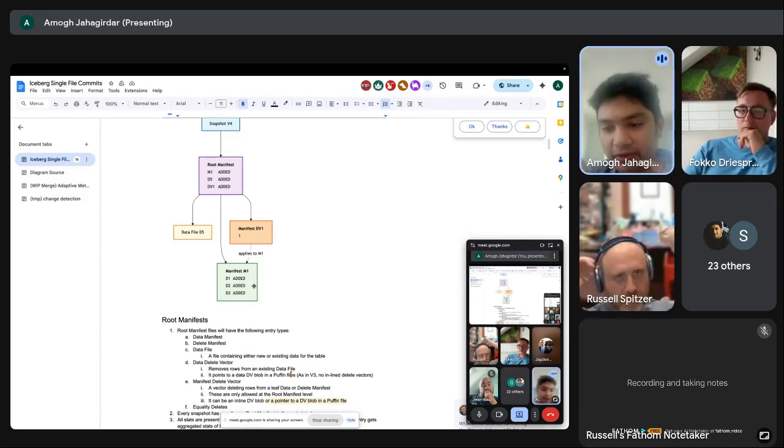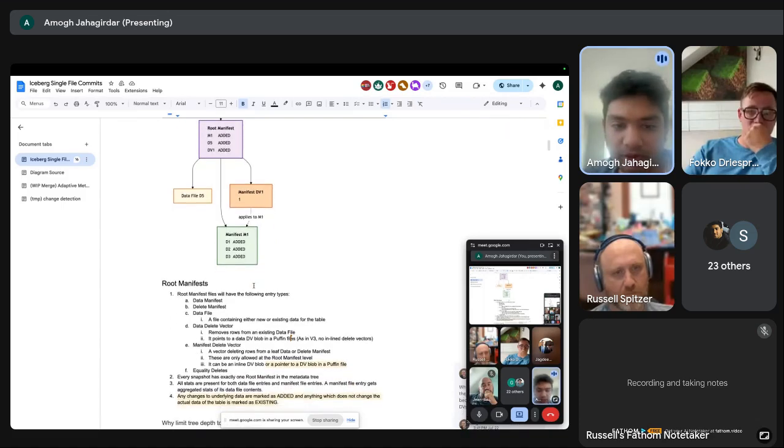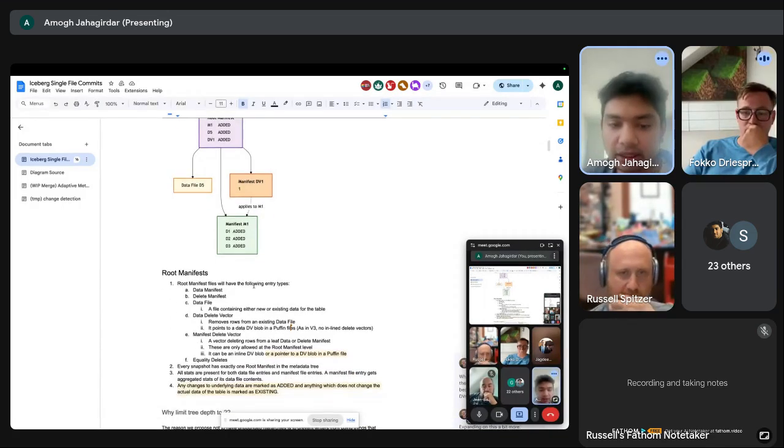This is the core enablement of single file commits. Smaller writes can be targeted and written in just the root manifest directly. So that's what the root manifest can contain. There's exactly one root manifest in the tree.